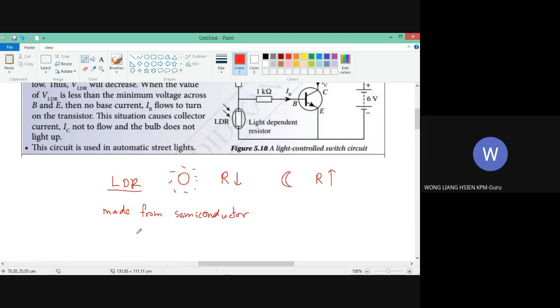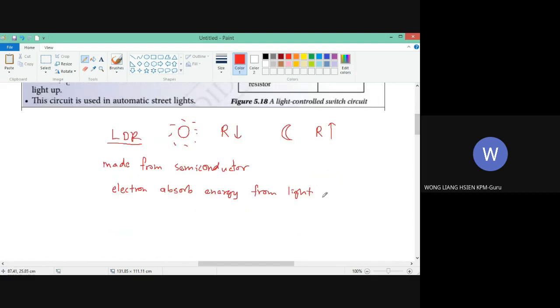So the electron can absorb energy from light. Electrons have more energy, so they flow more easily. Energy increases, so it is easier to flow.